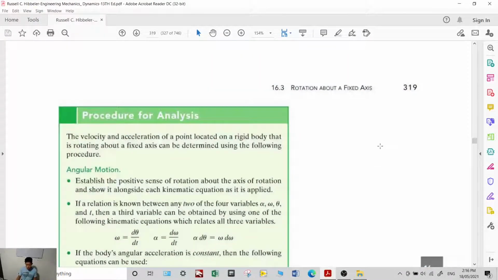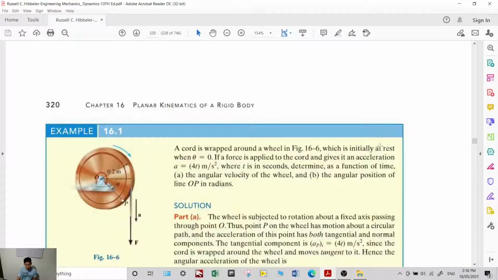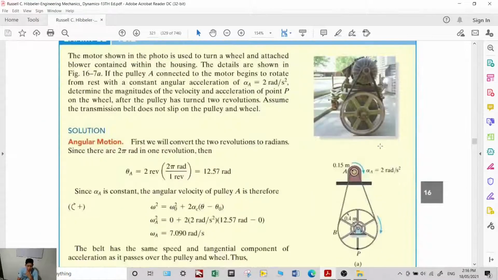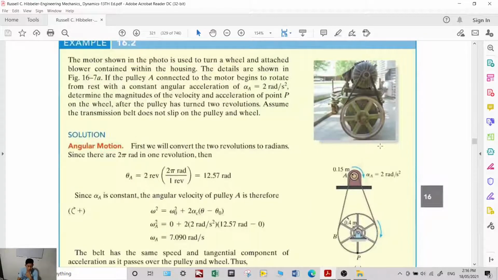So, let's have an example. This one. The motor shown in the photo is used to turn a wheel. So this is the motor, this is the wheel. And turn a wheel and attach blower contained within the housing. Okay? The details are shown in the figure.